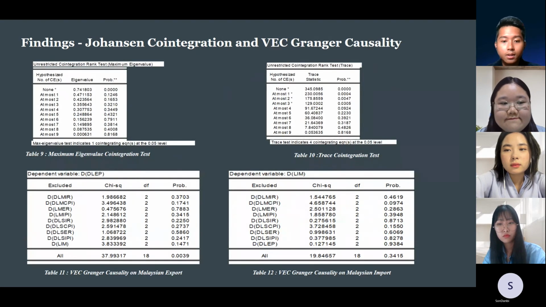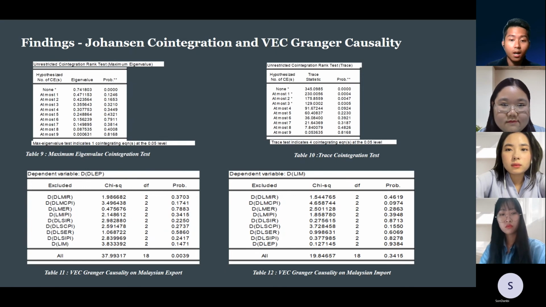We did the co-integration test between the variables used in this research. It is found that there are 4 co-integrations. These findings suggest a strengthening integration between the examined variables of this research. Furthermore, the results from the trace co-integration test as well as the maximum eigenvalue co-integration test lead to the implementation of VEC Granger causality instead of VAR.